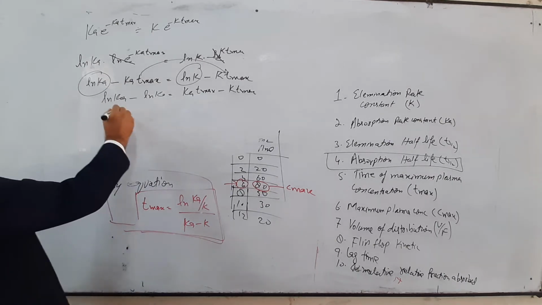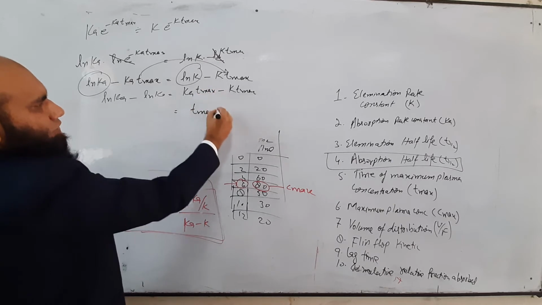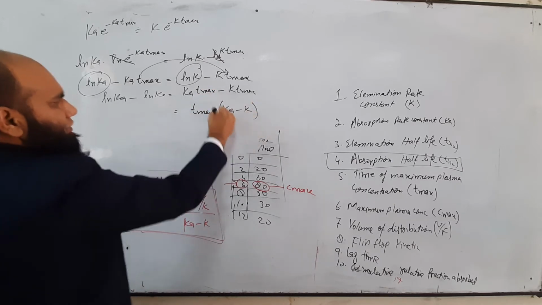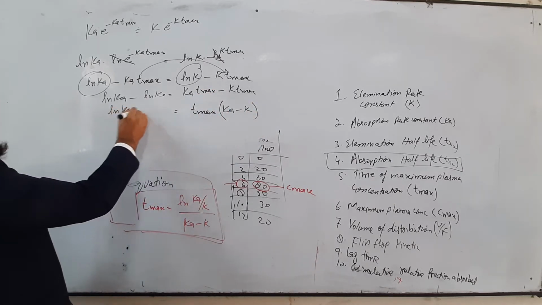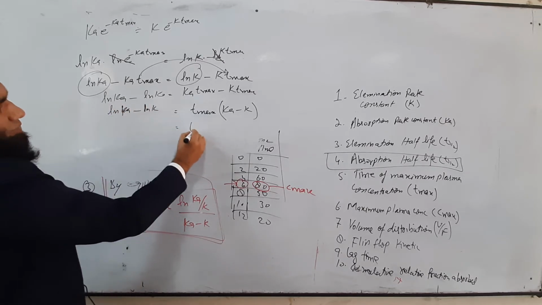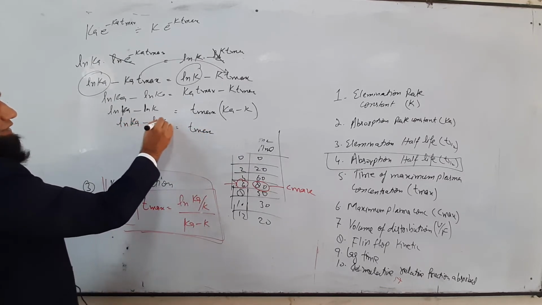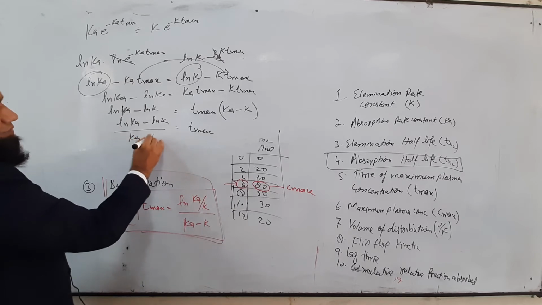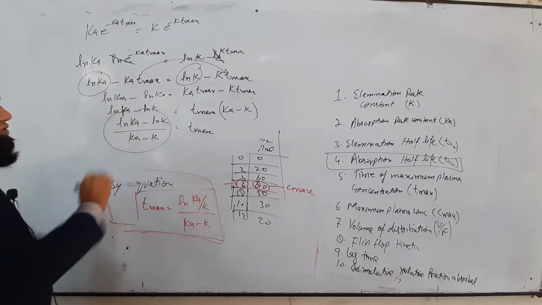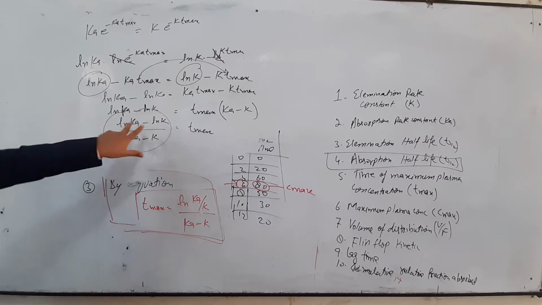Okay, when we take Tmax as a constant common factor, we get Ka minus K, and on the other side ln Ka minus ln K. So Tmax is equal to ln Ka minus ln K divided by Ka minus K. We know the rules of log and natural log: when we have two natural log values with a minus between them, we can divide.